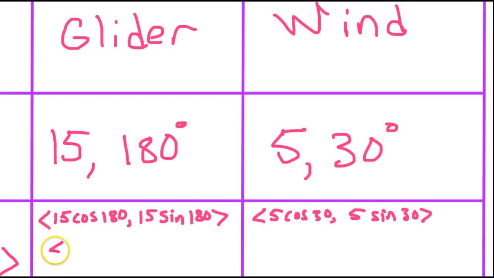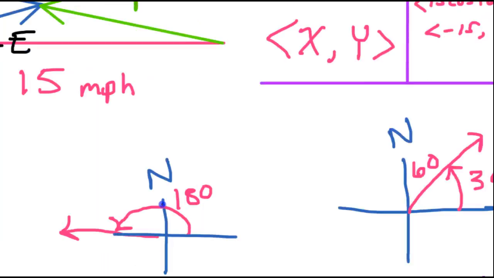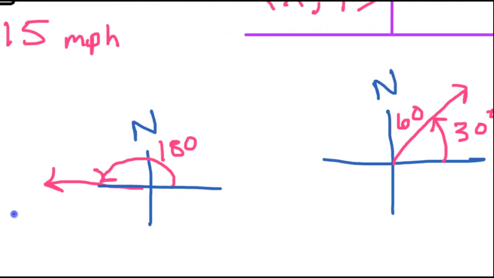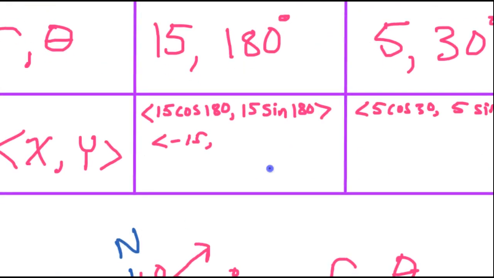Which makes sense, and we really didn't need to do the calculations to know that in component form, if you're looking at something that's going due west, it's just going to be negative 15, and then this one's going to be 0. Right?